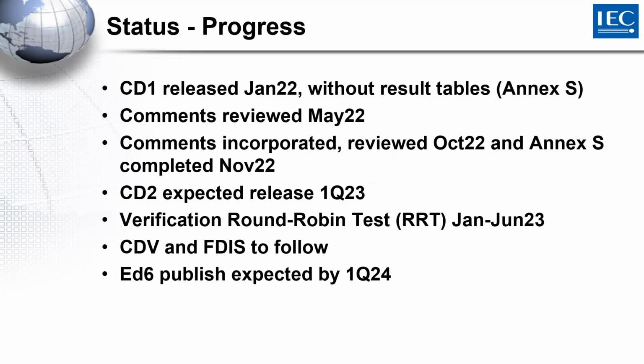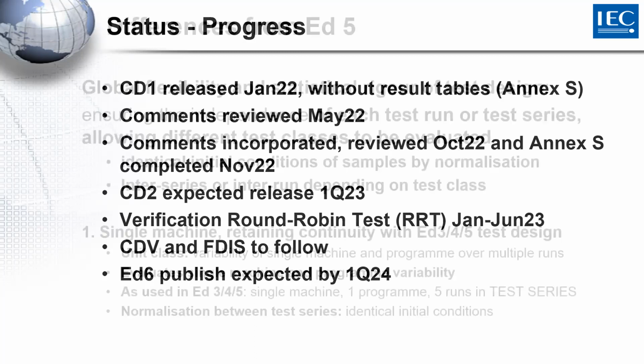The round robin test will now commence January to June 23, and based on results from this, we'll prepare the CDV and the FDIS, and we're expecting Edition 6 to publish, without expecting any sort of major problem, by first quarter 24. Next one, please.